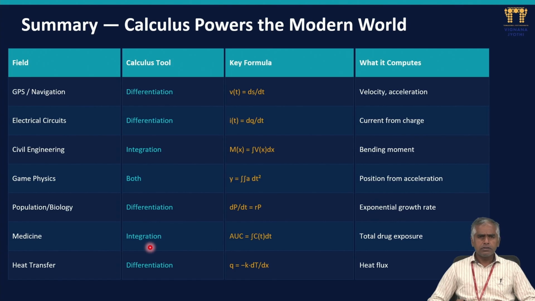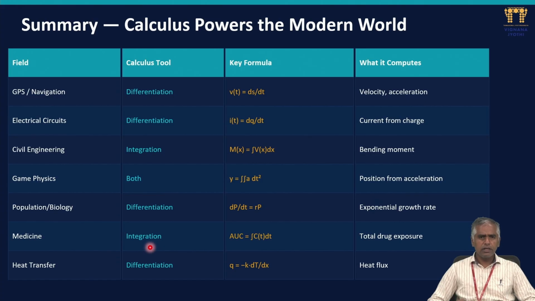And now some formulae relevant to differentiation and integration, just look at this slide carefully. GPS navigation works under the concept of differentiation. Its key formula is velocity, and it computes velocity and acceleration. Next, electrical circuits. In electrical circuits also, the concept of differentiation is involved, and current is calculated as dq by dt, that means current from charge.